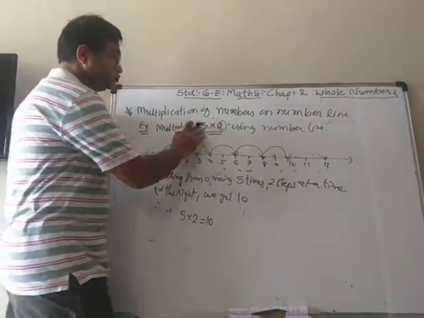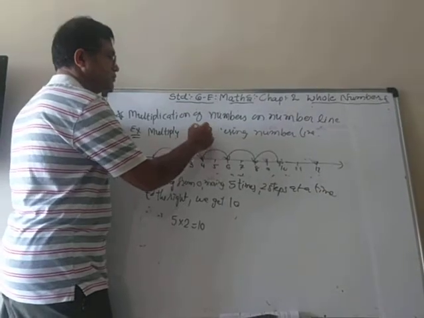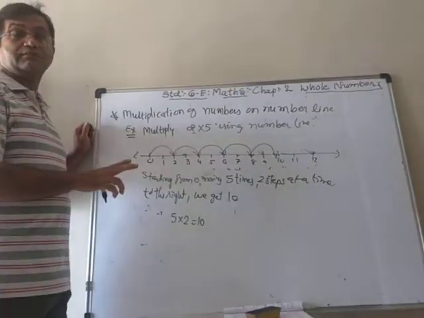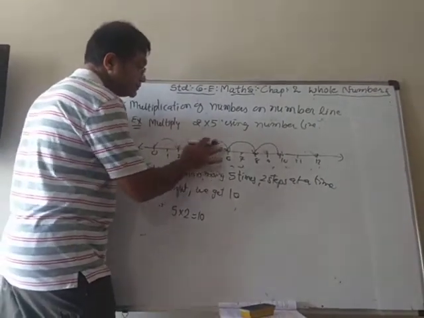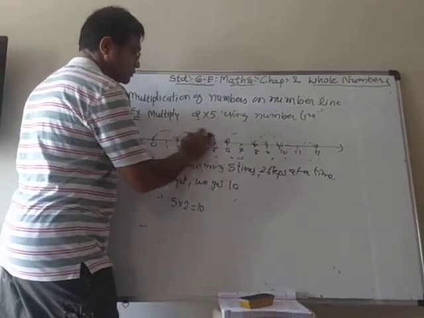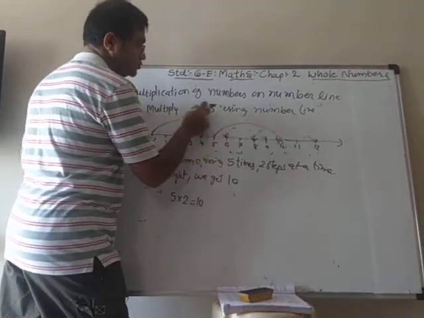Suppose it is 2 multiplied by 5. We know the answer is the same, but we can do it like that: 5 steps at a time. Then what will we do? 5, 5, 2 times.